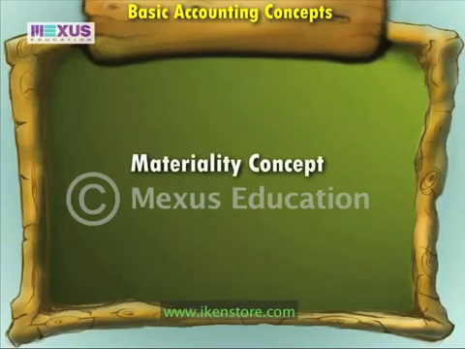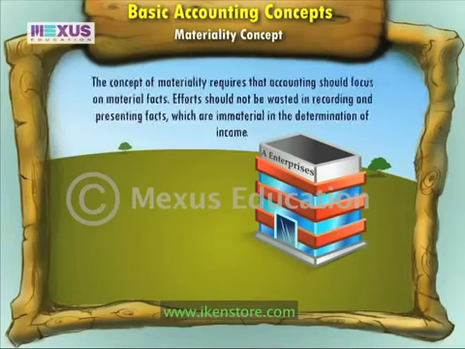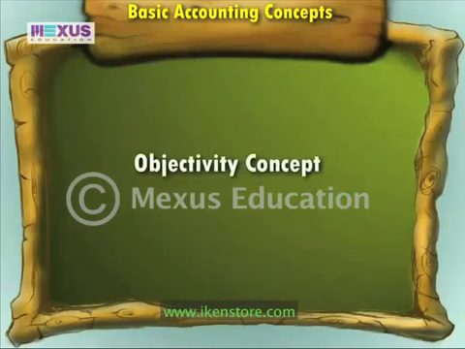Materiality concept. The concept of materiality requires that accounting should focus on material facts. Efforts should not be wasted in recording and presenting facts which are immaterial in the determination of income. Objectivity concept.